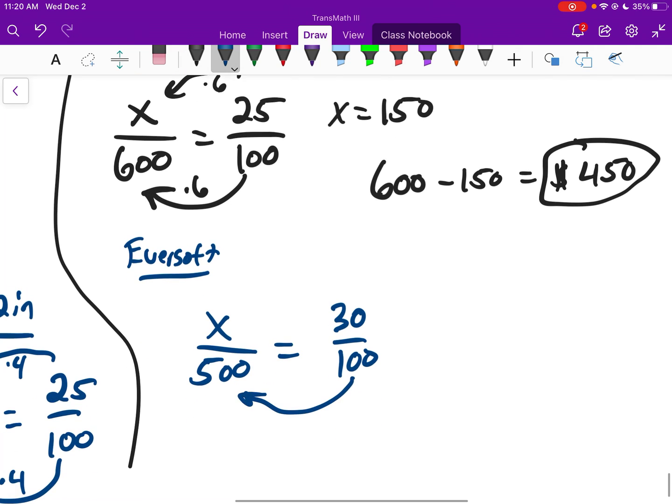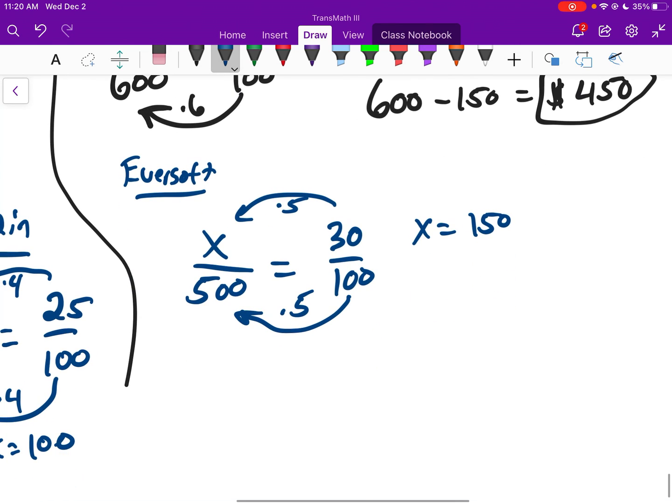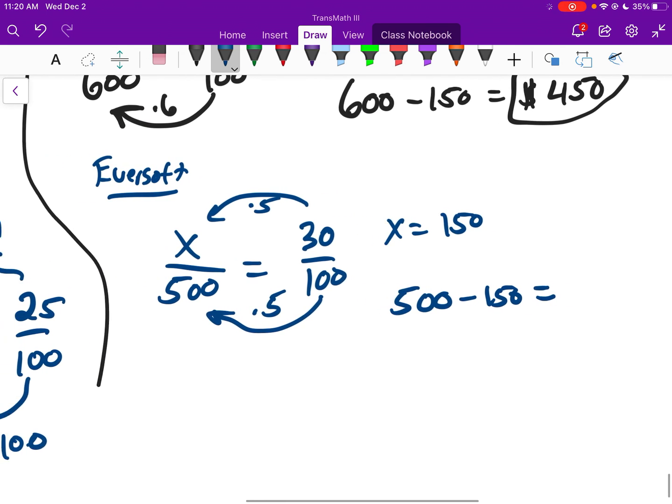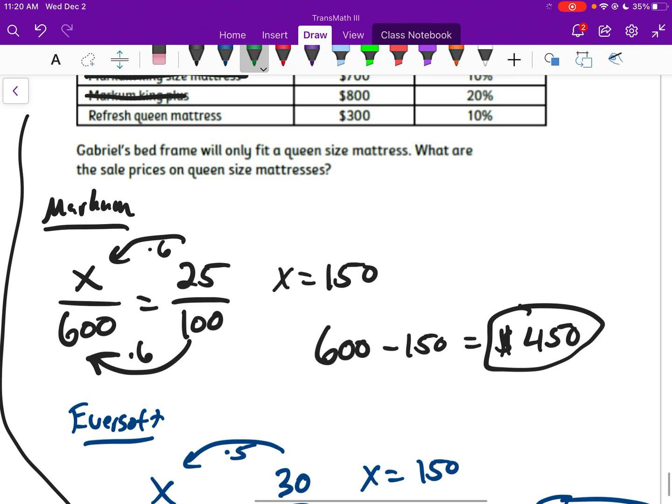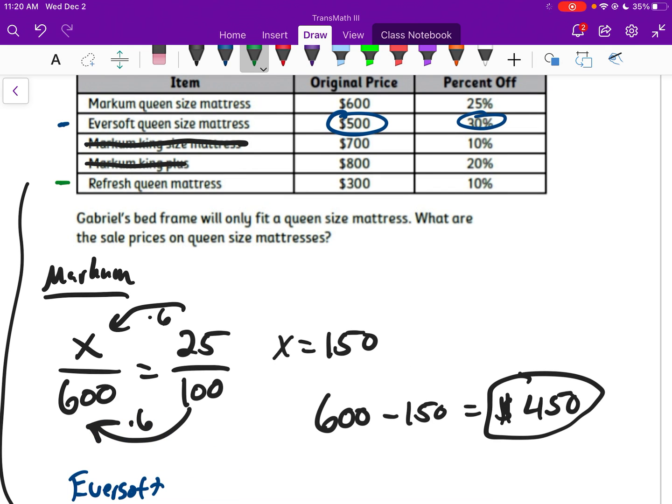And again, if you've noticed, that's been a pretty easy method of solving these proportions. The horizontal, we get a discount of $150. So the original price of $500 minus the discount of $150, we get a price of $350 for the Eversoft mattress.